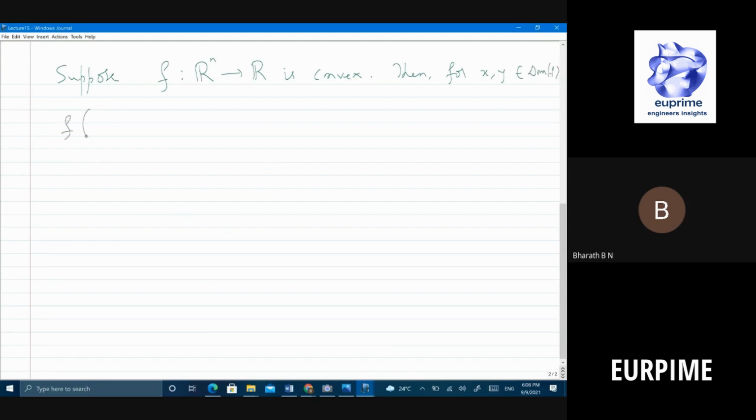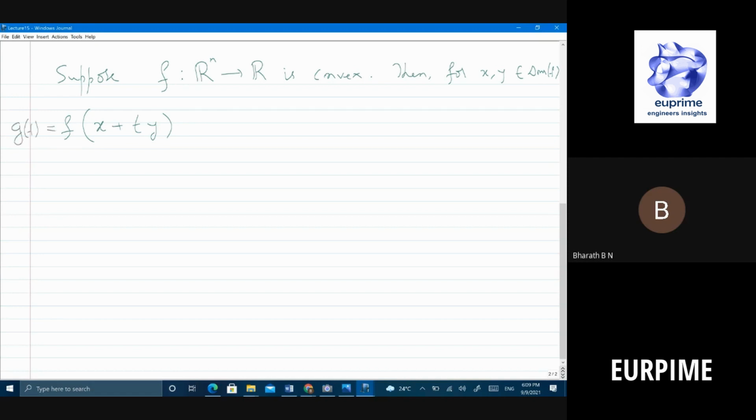Consider f of x plus ty. Here t is some scalar, x and y are vectors, and x plus ty is another vector. Of course, I am assuming that x plus ty belongs to the domain, so I'm not going to use some t that will take x plus ty out of the domain of the function. I will call this g of t for a fixed x, y.